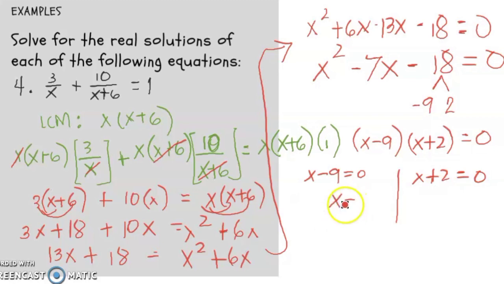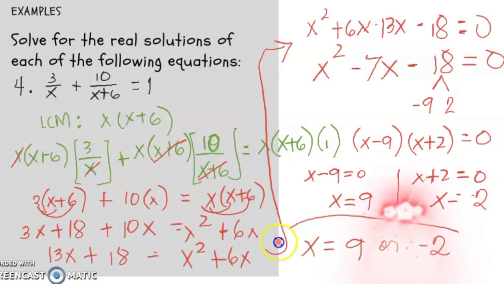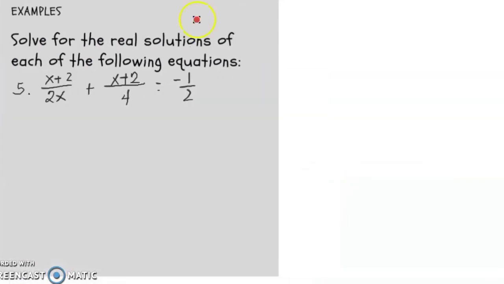X is equal to positive 9. The other one, x is equal to negative 2. So, the two real solutions are 9 or negative 2.